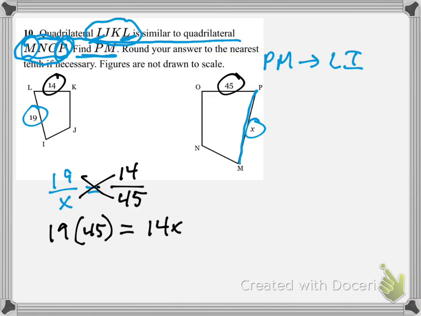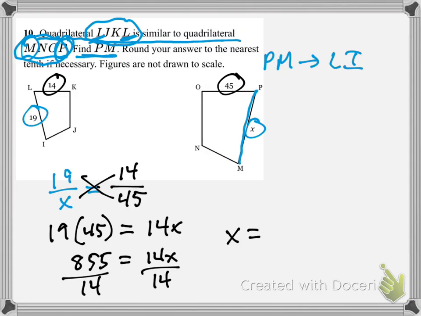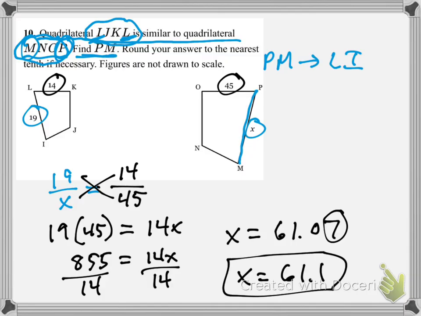So 19 times 45 is 855 equals 14x. So I divide by 14. So I get a really long decimal, but the only things I care about are the 0 and the 7. So what does a 7 do to the 0? Bumps it up to 1. So my answer is 61.1.